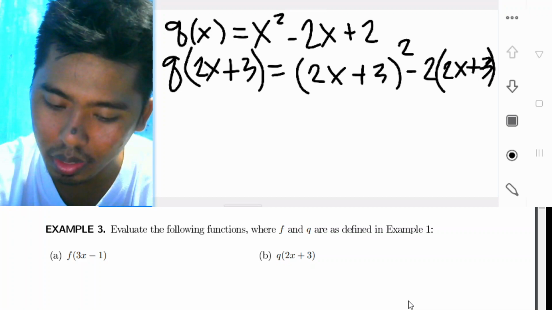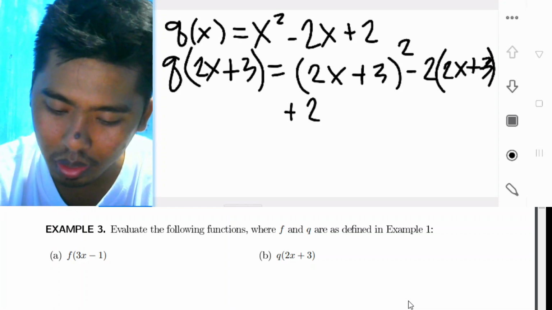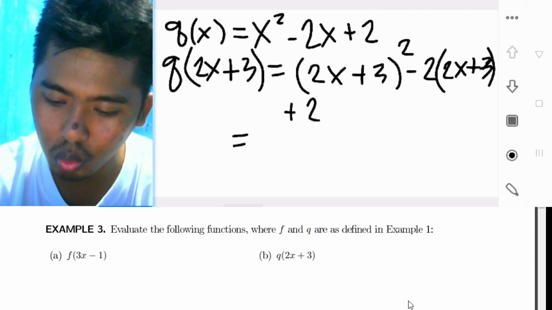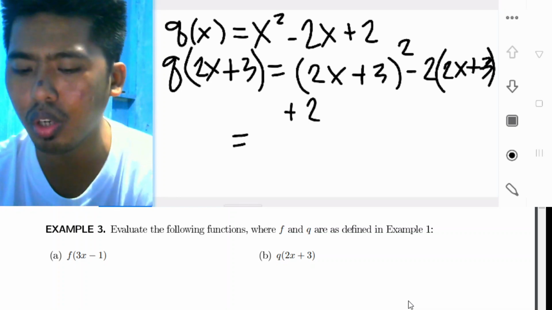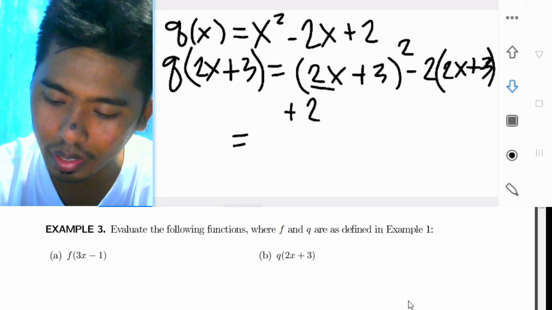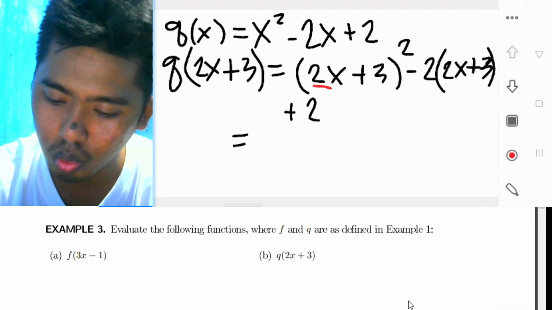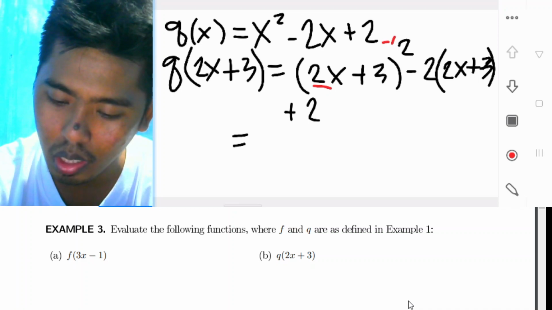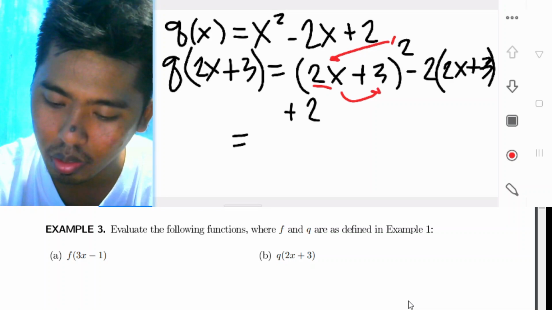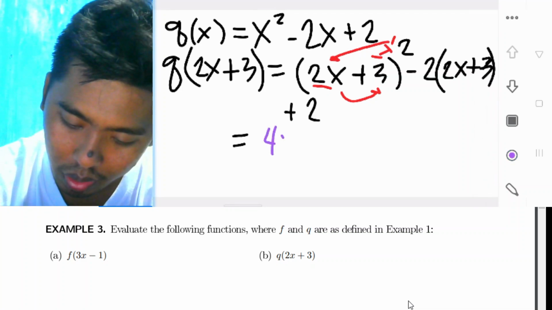Okay, then followed by plus 2. Now here, if we equate, this would become, if you remember how we do this, the first term we square. First we square it, next we take the 2, which is the power, and multiply it by this, then multiply by this. Then next we square the 3. So 2x squared, that would become 4x squared.